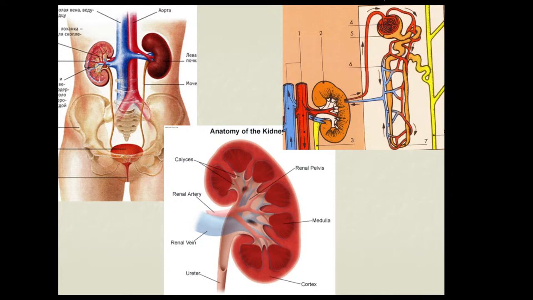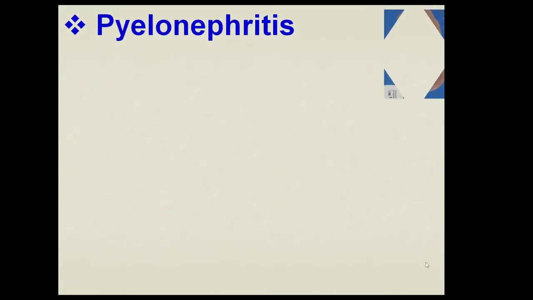The main unit of the kidney is the nephron, whose activity controls the functional ability of the kidney. During today's lecture, we will focus on main kidney pathology.